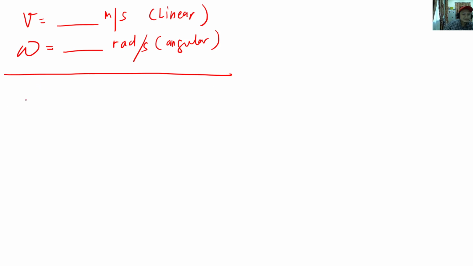So what else is there? So let's say something is rotating. What is rotating? Let's say it makes 270 degrees in 5 seconds. So let's say the displacement is theta is equal to 270 degrees in 5 seconds.